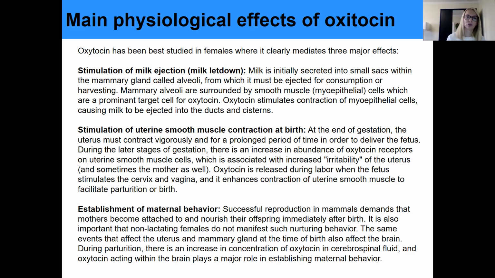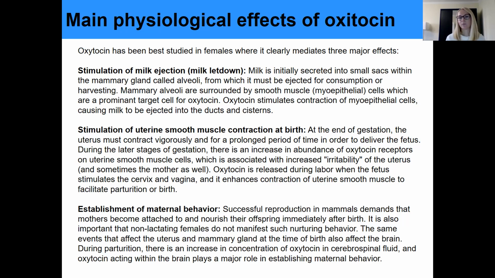During the later stages of gestation, there is an increase in abundance of oxytocin receptors on uterine smooth muscle cells, which is associated with increased irritability of the uterus. Oxytocin is released during labor when the fetus stimulates the cervix and vagina, and it enhances contraction of uterine smooth muscle to facilitate parturition, or birth.